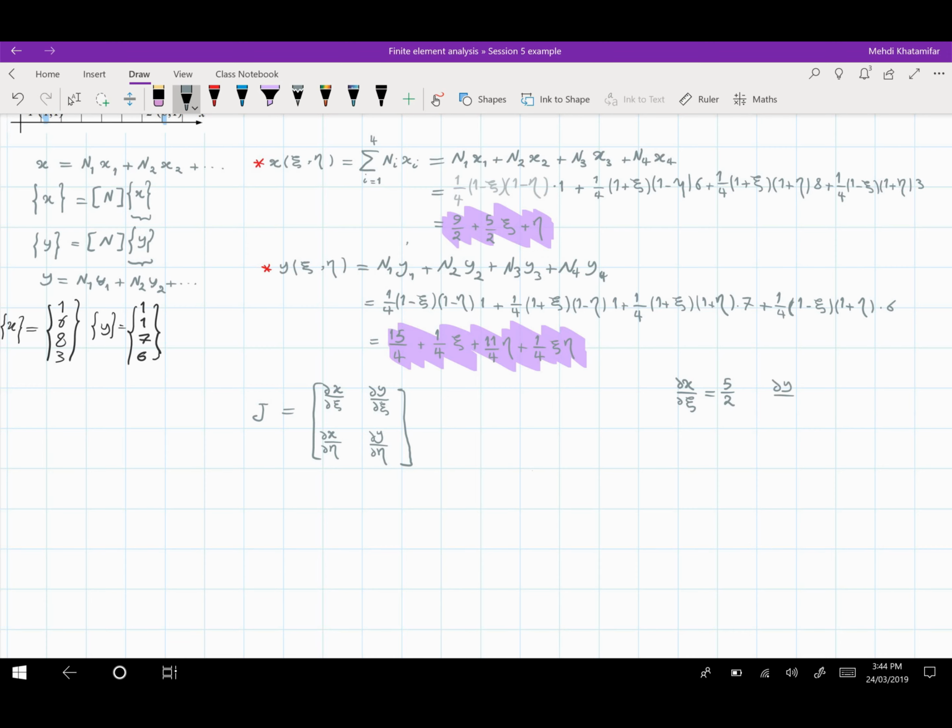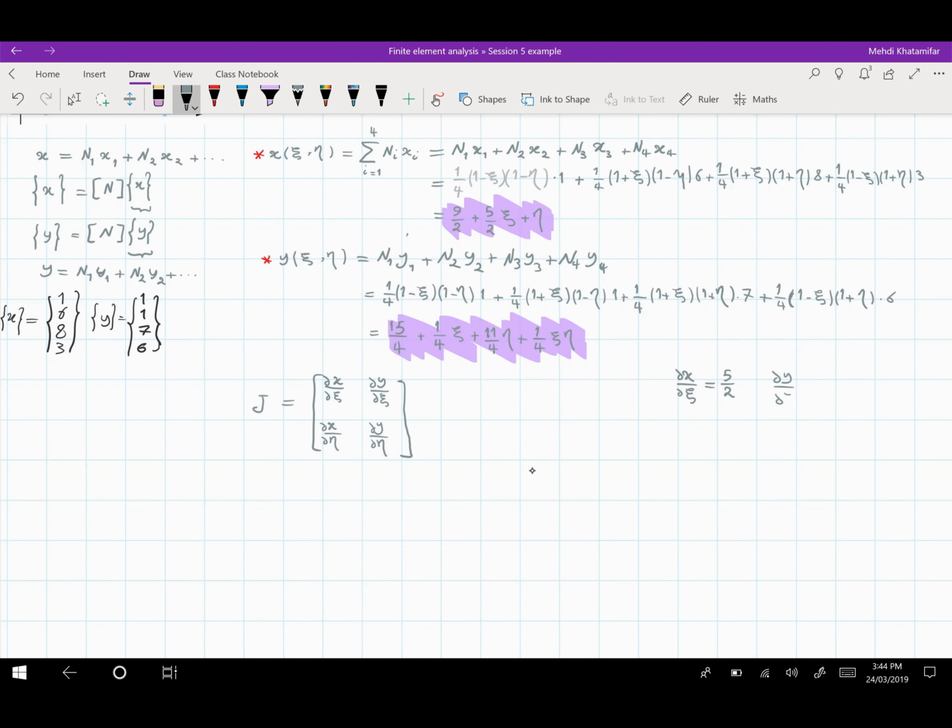Derivative of y over psi: we have 2 psi here, one here, another here. So it is going to be 1 over 4 for the first piece, plus 1 over 4 times eta.